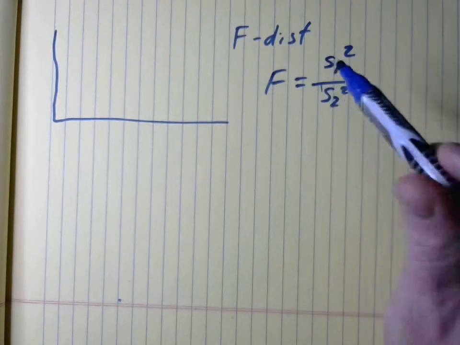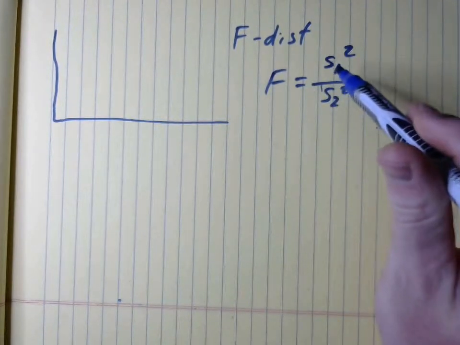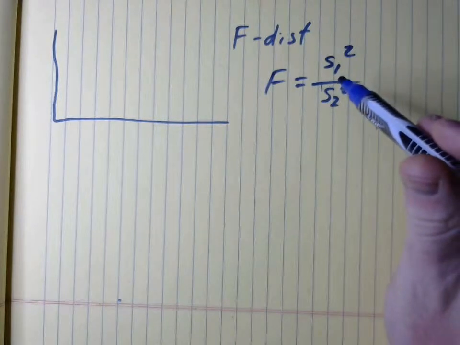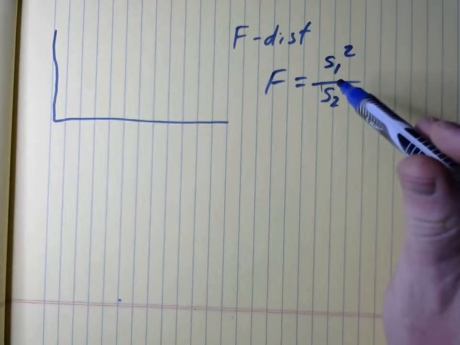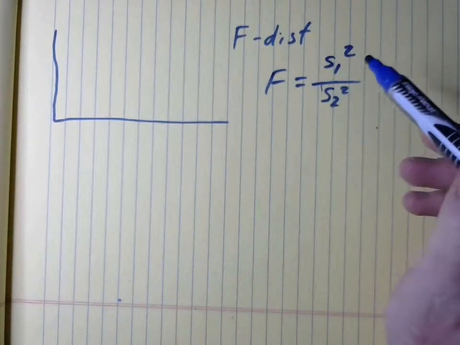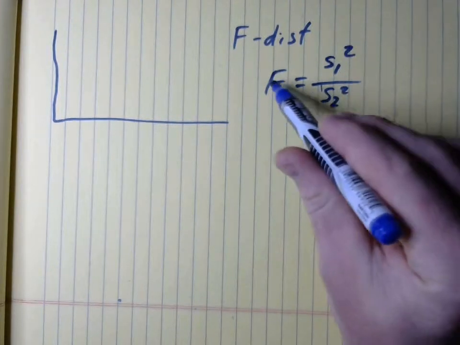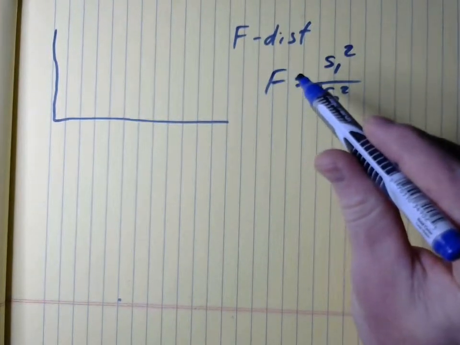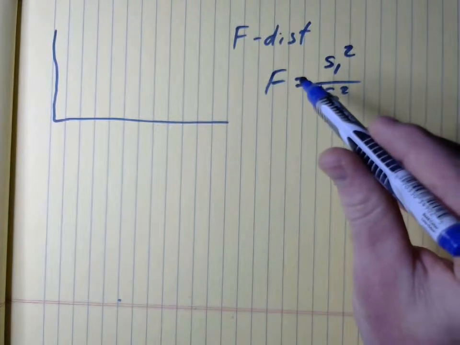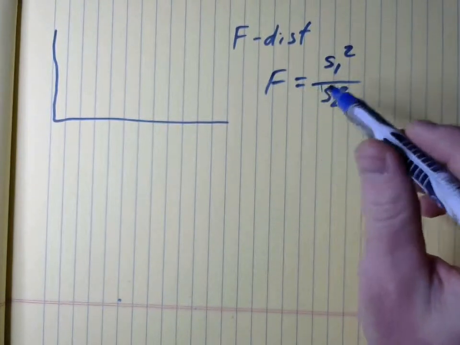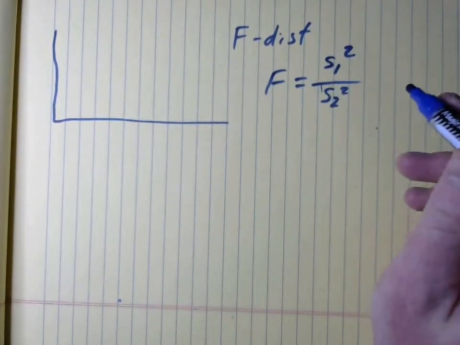Actually, you could get 0 on the numerator, and get 0 for a standard deviation, which would give you 0 for F. So we can never get negative values. Non-negative values are the possible values for the F distribution.